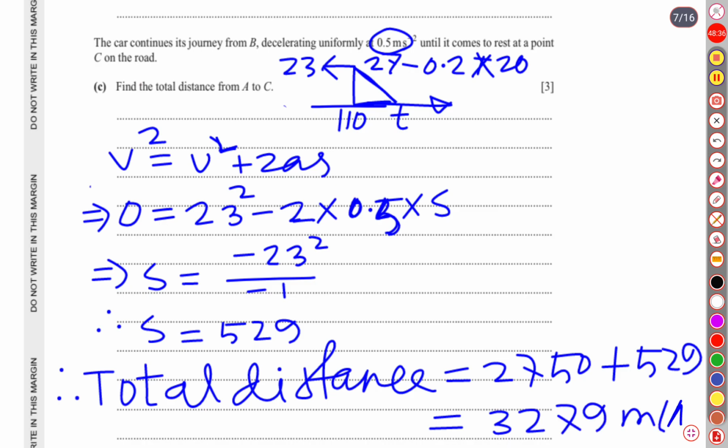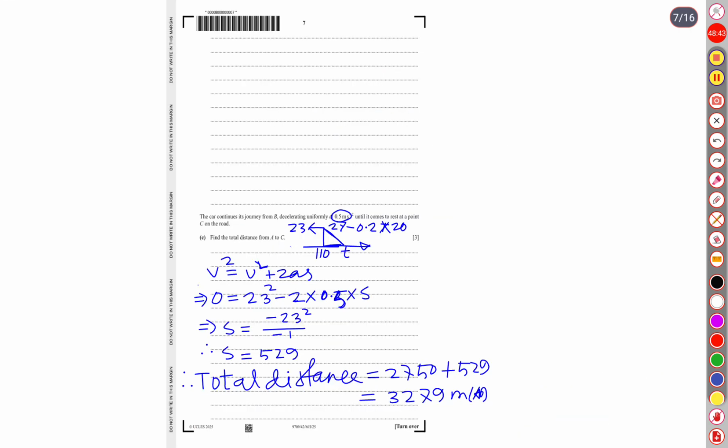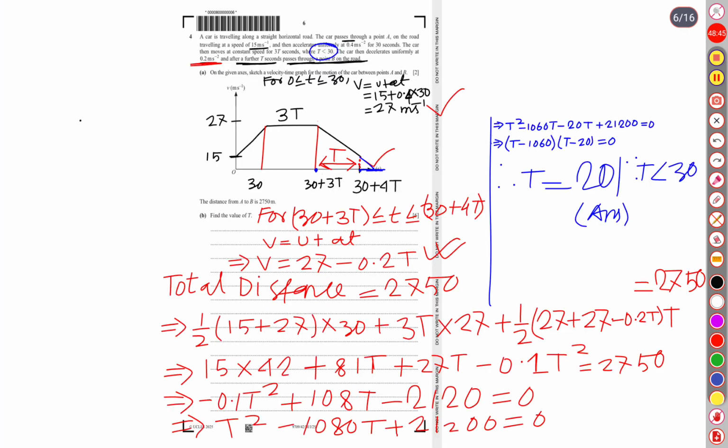So that is the total distance since the beginning of the motion till it reaches C. That means it comes to rest again. Well, so that's all about this solution.